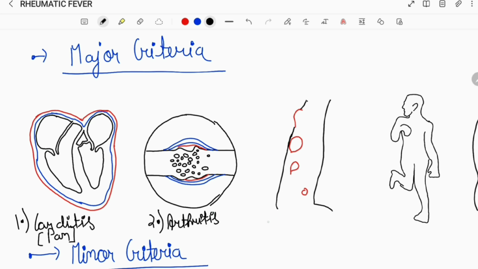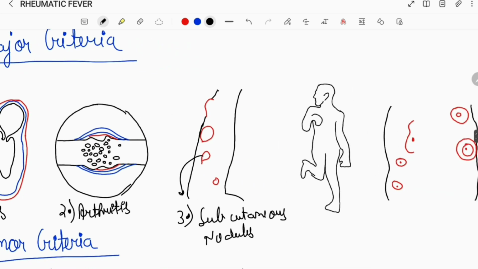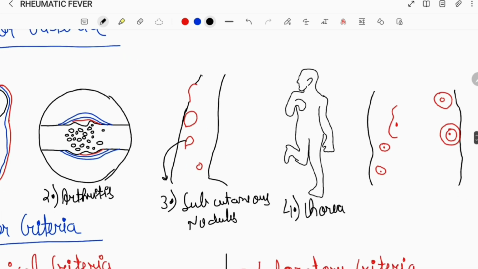Third, what we have is these red colored nodules on the body known as subcutaneous nodules. Fourth, what we have is something which is known as chorea, which is nothing but semi-purposeful dance-like movements.